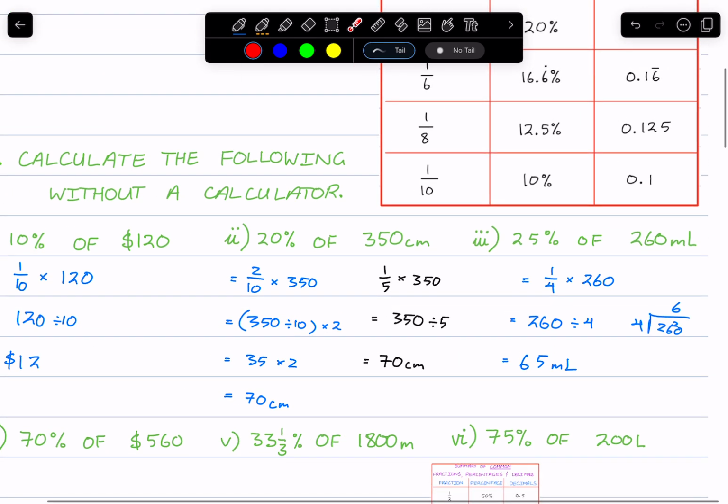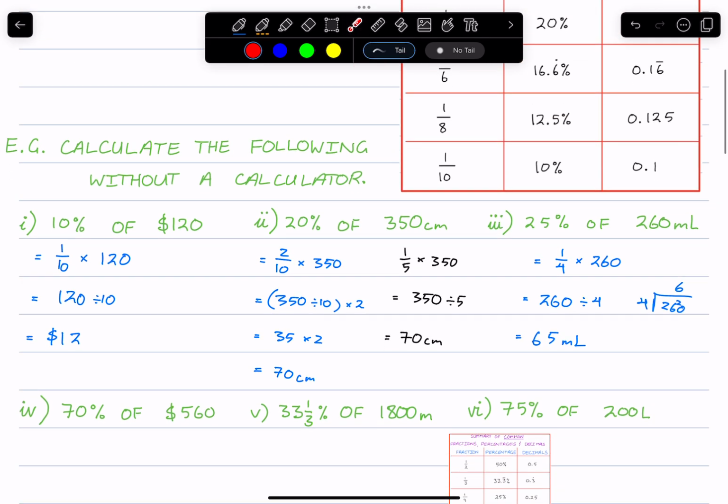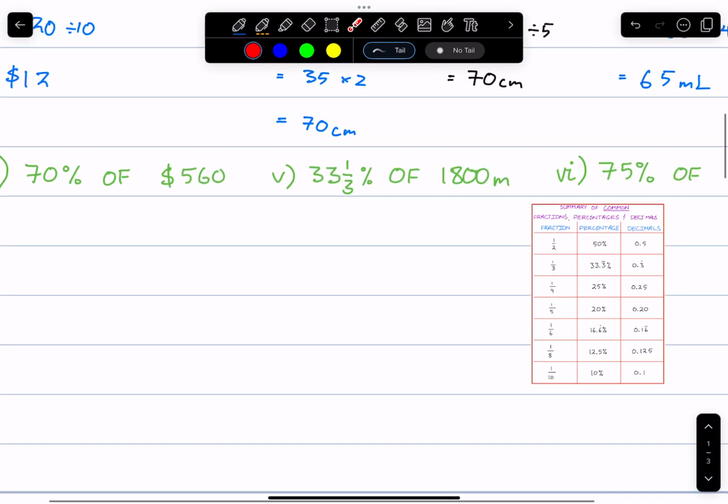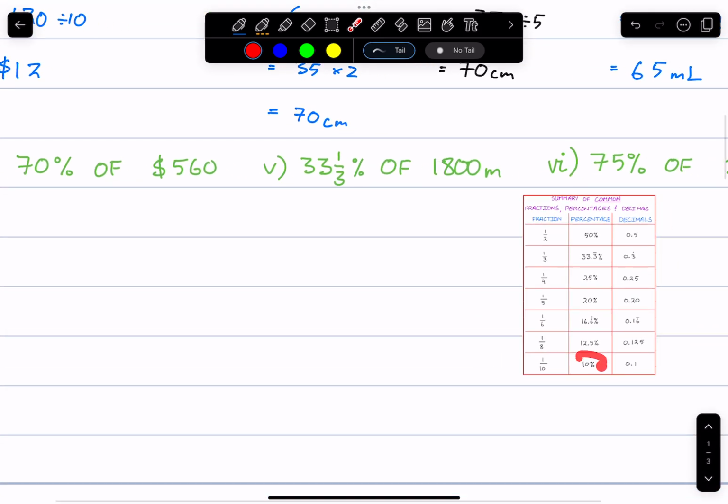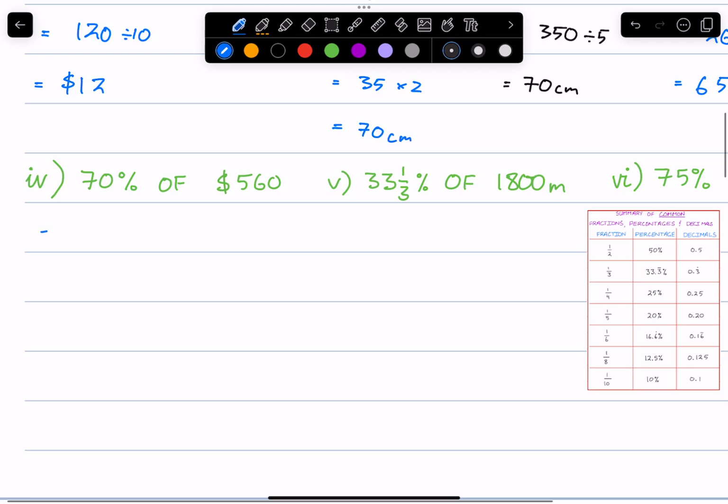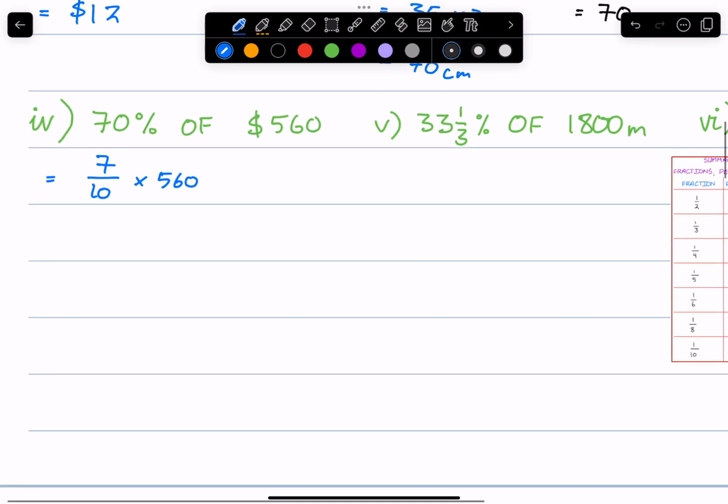So notice how with all of these, I'm converting them into fractions, which becomes the equivalent of dividing by the denominator. So I'll do this one again, 70%. Since it's in the tens, this is going to be 7 over 10 times 560.